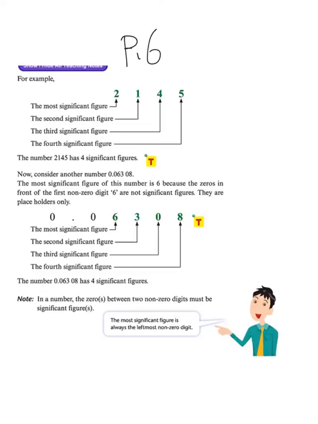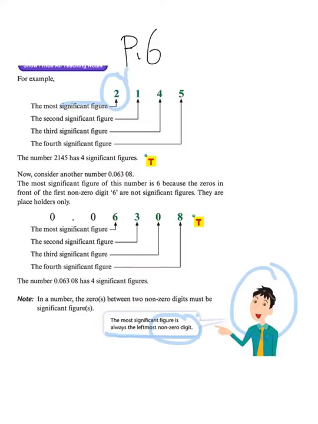Okay, then turn to page 6. You can see here we have two examples to talk about the meaning of significant figure. Basically, the most significant figure is always the leftmost non-zero digit. For the first example, the leftmost non-zero digit is this one, 2. So this is the most significant figure.